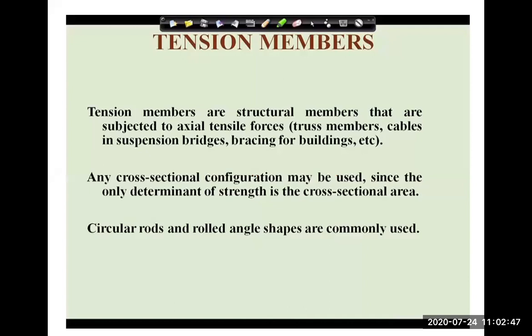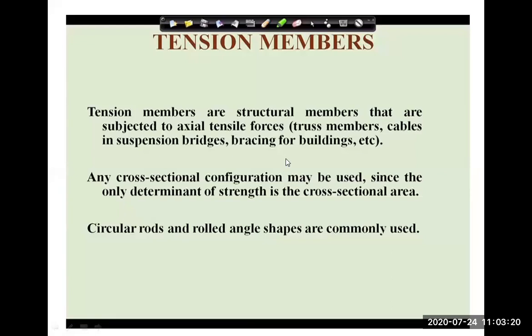Okay. Now, what is a tension member? See, the tension members are the structural members that are subjected to axial tensile force. Structural members means, in steel structure or in RCC structure, whichever member is under the loading condition, that member we call a structural member.